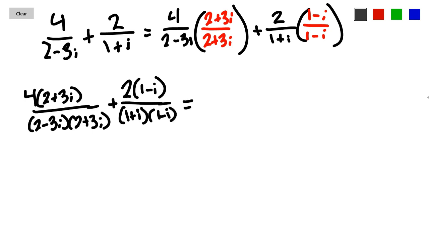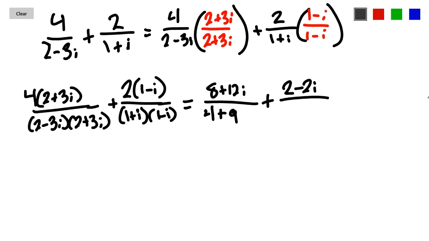And so distributing on the top and FOILing on each of the bottoms of the fractions, this is what I end up getting. So I have an 8 plus 12i on top, and on the bottom I end up with 4 plus 9. And on the second fraction I have a 2 minus 2i, and on the bottom I have a 1 plus 1.